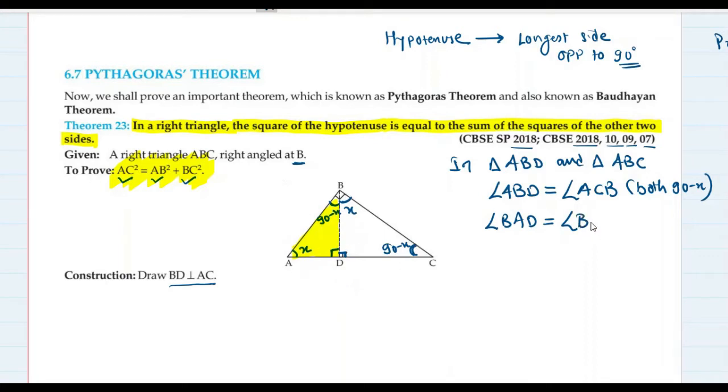So you will write angle BAD equals angle BAC, both x. And the last one is angle ADB is equal to angle ABC, both 90 degrees.